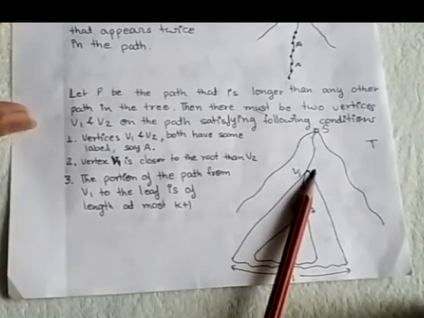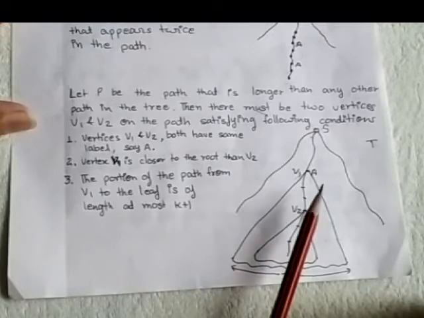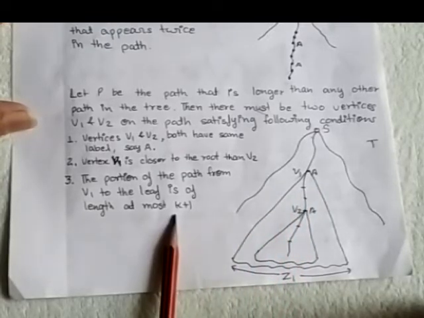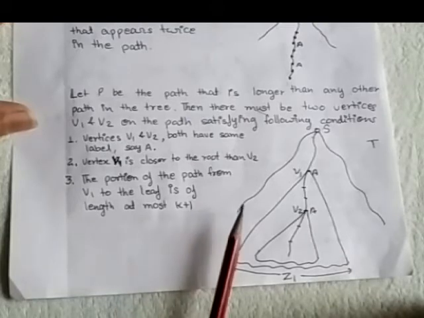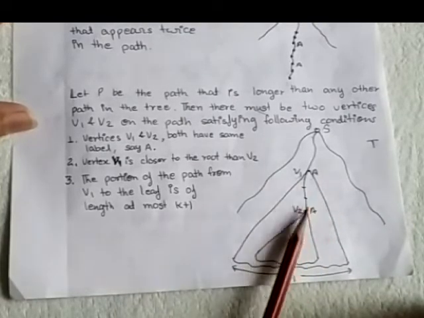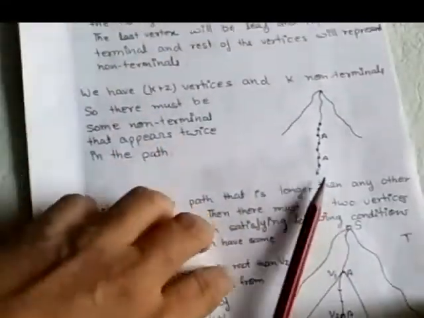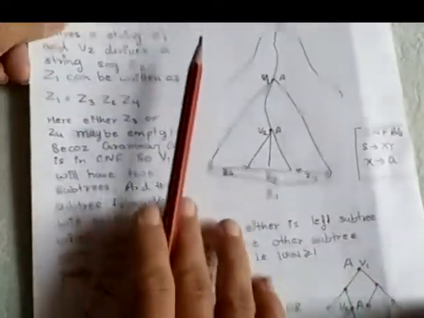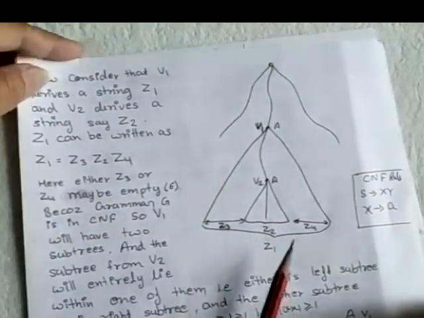So if the length is k plus 1, and we have k non-terminals, then only one non-terminal will appear twice. So we have taken that A is appearing here twice. Now consider this, here is the structure of this tree.